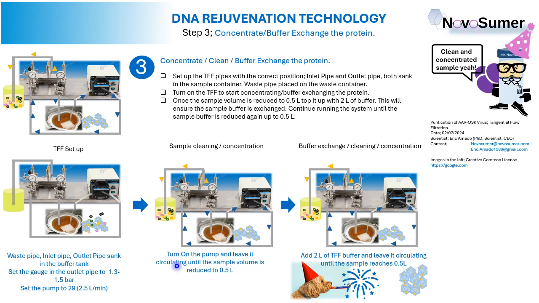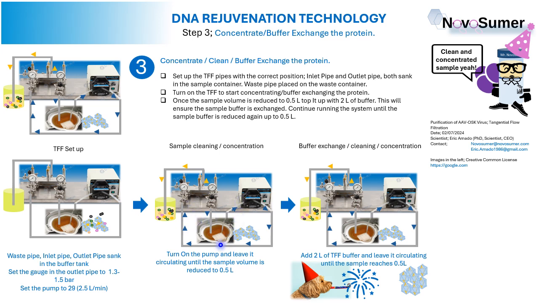The only thing that we have to do in the second step, in fact, is turn on the pump. Everything was set up, so the only thing that we do is turn on the pump and leave it until it works. That means until the volume reduces and until we get rid of the majority of the buffer and contaminants, as you saw.